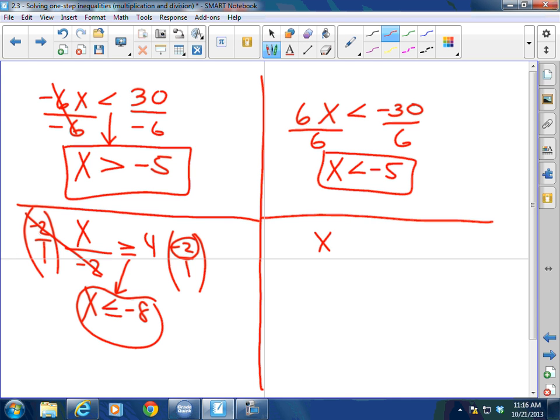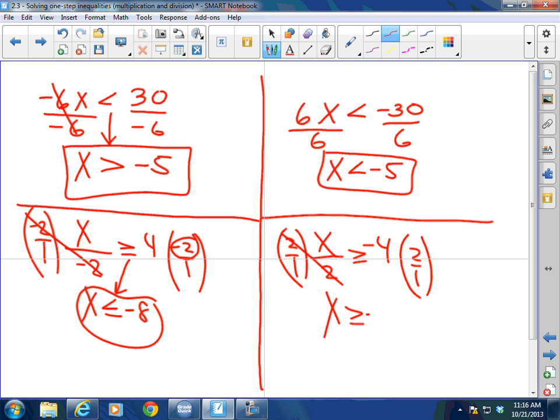If I have x over positive 2 is greater than or equal to negative 4, this time I have x divided by 2, so I cancel out the 2 by multiplying by 2. x is greater than or equal to negative 8. I did not flip the inequality sign because I did not divide by a negative. So if you multiply or divide by a negative, you flip the inequality. If you are multiplying or dividing to a negative, not necessarily.